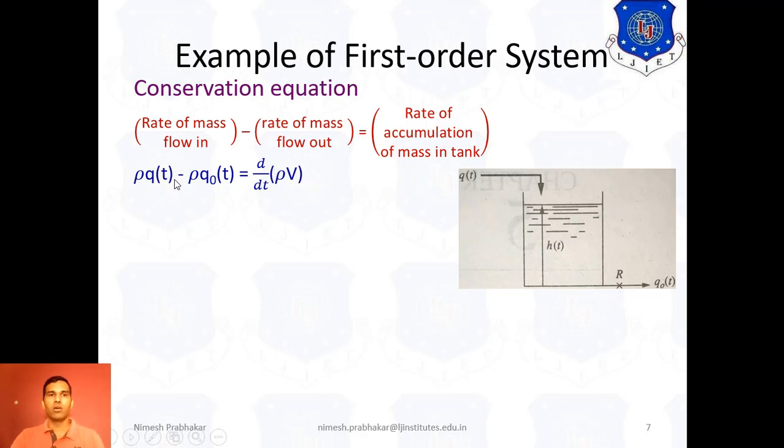Here rho is common and constant, so we can cancel out rho.